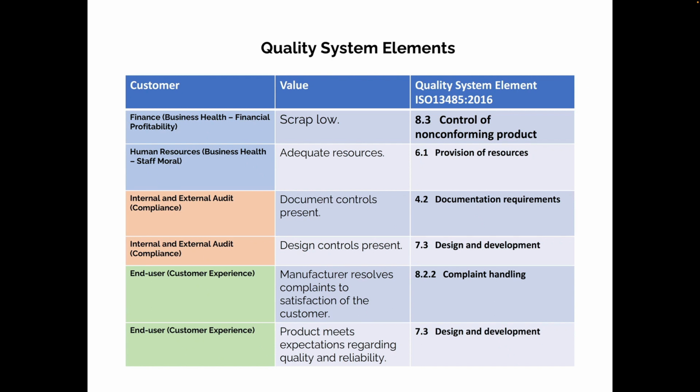So you can see in this table there are direct links between the customers, what they deem to be valuable, and very specific sections within the 13485 standard, which you can begin to measure by putting some sort of numbers around whether you're meeting those customer expectations, and whether that KPI is directly linked to something the customer deems to be important.